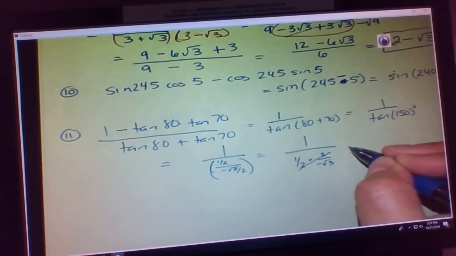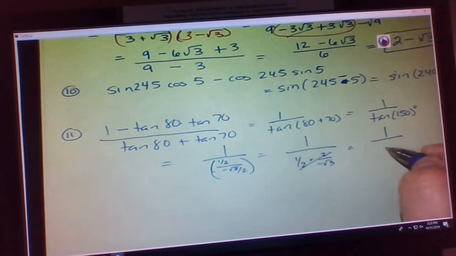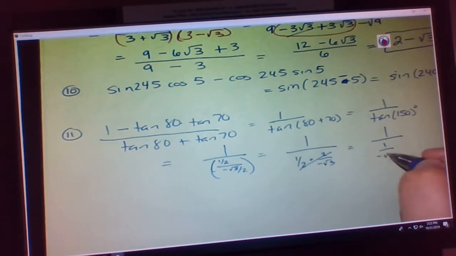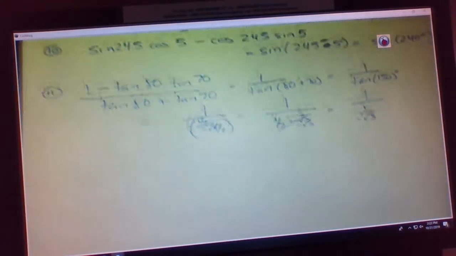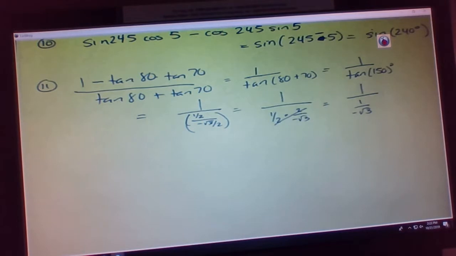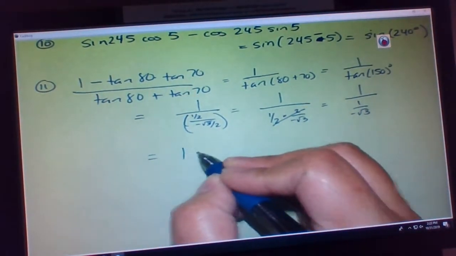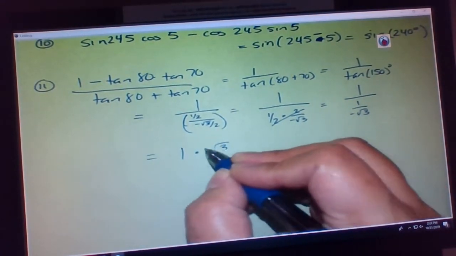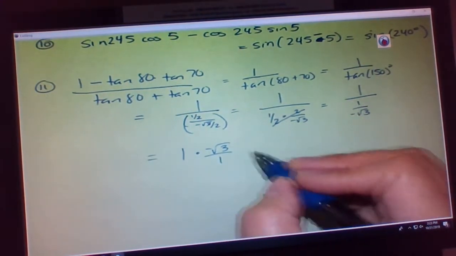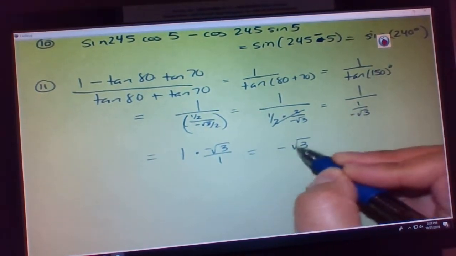Those cancel. 1 over negative square root of 3. So it's a lot of math and rationalizing and fractions and multiplying times the reciprocals. It's a lot of that. So this is 1 times the reciprocal of that, which is just the negative square root of 3.